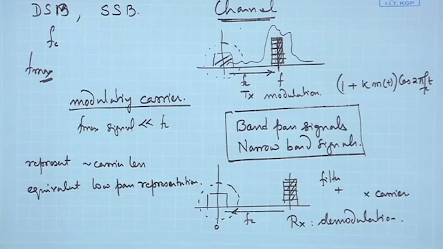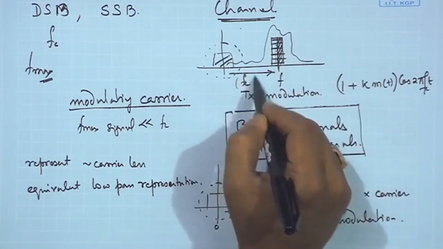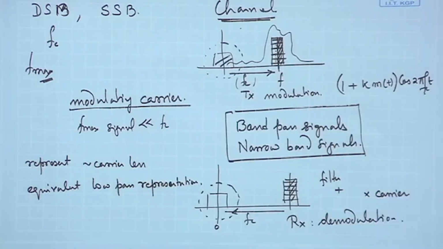In that case we will be removing the effect of the channel and effect of Fc, and we will be studying only in the baseband. Now, in this way we would be removing the unnecessary need of a very high frequency. If we are analyzing a system, let us say by simulation or other purpose, then also we would be avoiding the generation of a large number of samples. For example, if you take a few gigahertz of carrier frequency, then you need to sample it at an even larger frequency going by the Nyquist sampling theorem, and then we have a huge amount of data to process.